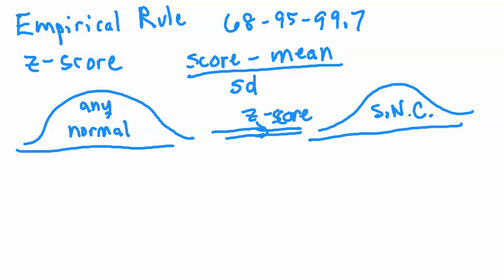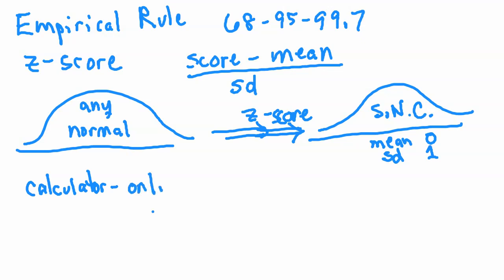The z-score does that for us. And the standard normal curve is the curve that has mean 0, standard deviation 1. And then we talked about how to use the calculator. So is everybody okay up to this point?